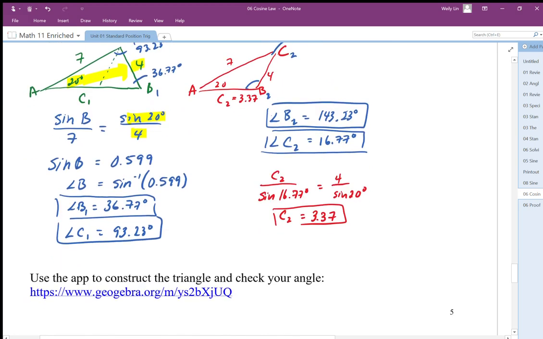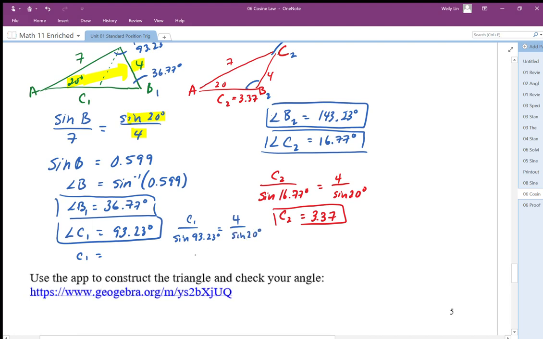C1 over here, C1 is a length. Setting up my ratio, C1 over sine of 93.23 is equal to 4 over sine 20.